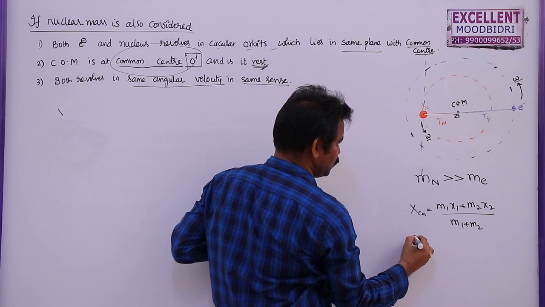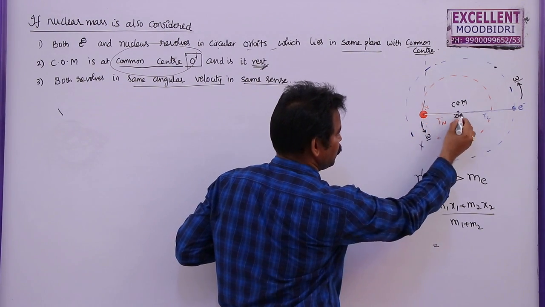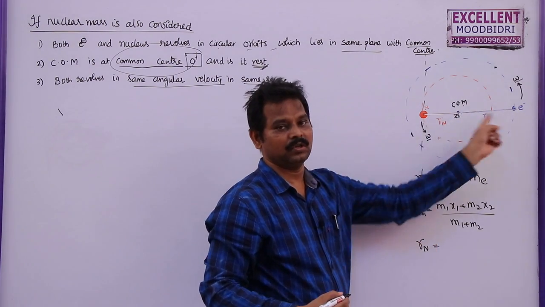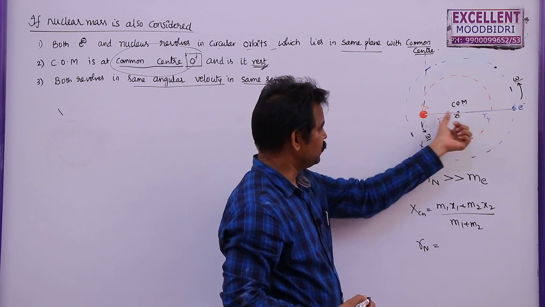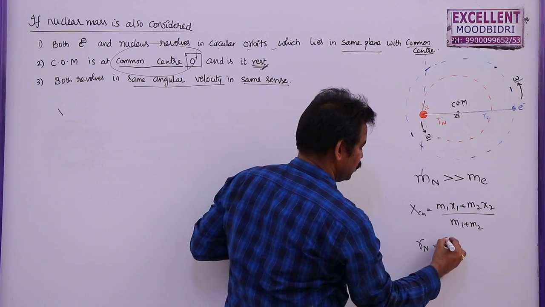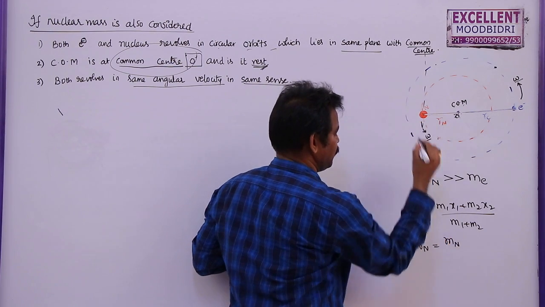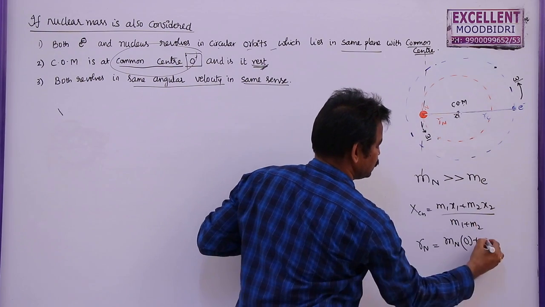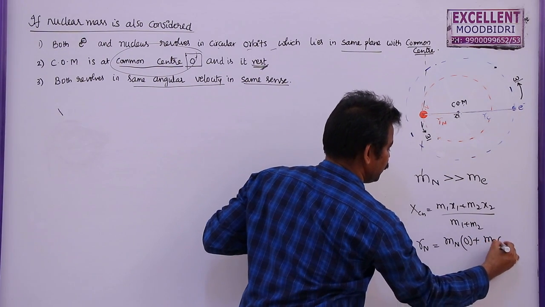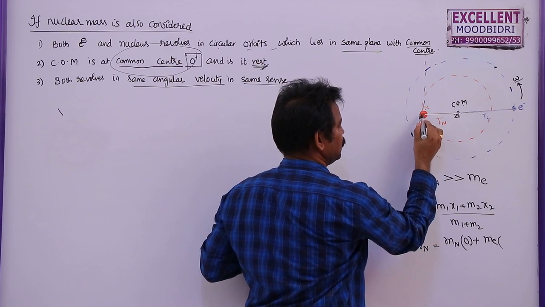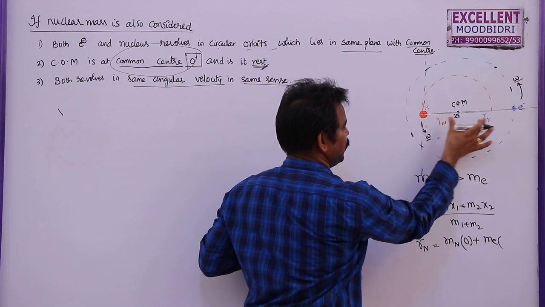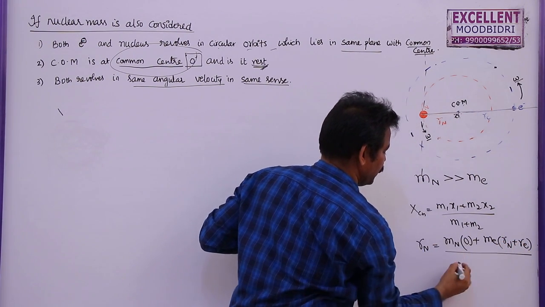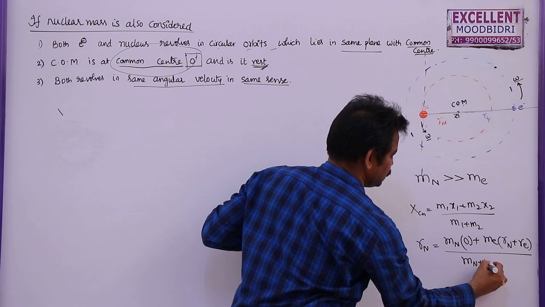So xcm, from here to here, this distance is Rn, that is the center of mass for the nucleus and electron, at distance Rn from this origin. This is equal to the mass of nucleus, Mn, into, as it is the origin, let me take x1 as 0, plus the mass of electron Me, and the distance of this one from the origin, because this is along the x-axis, is Rn plus Re, divided by Mn plus Me.